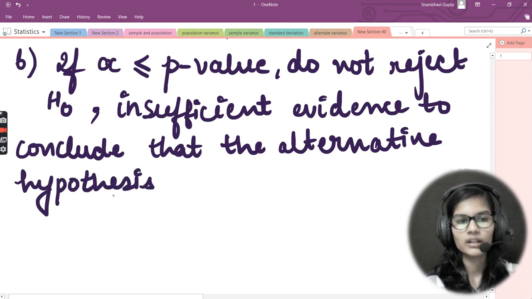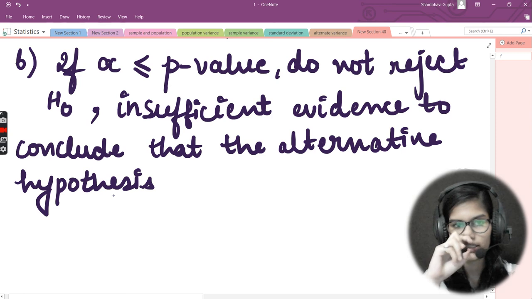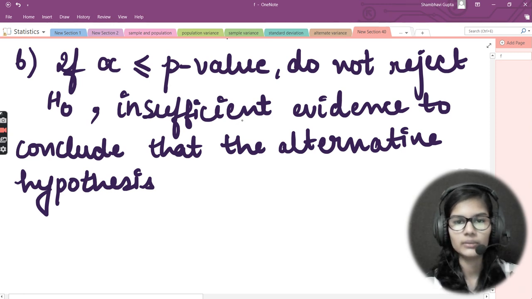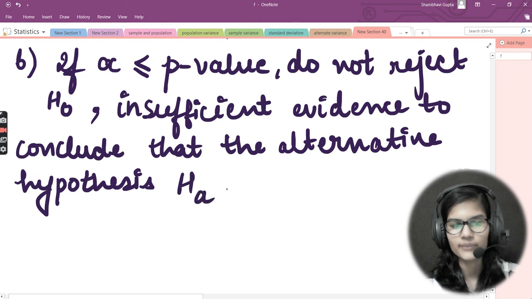So if alpha is less than or equal to the p value, do not reject H naught. In that case, it can be concluded that there is insufficient evidence to conclude that the alternative hypothesis, that is HA, may be correct.